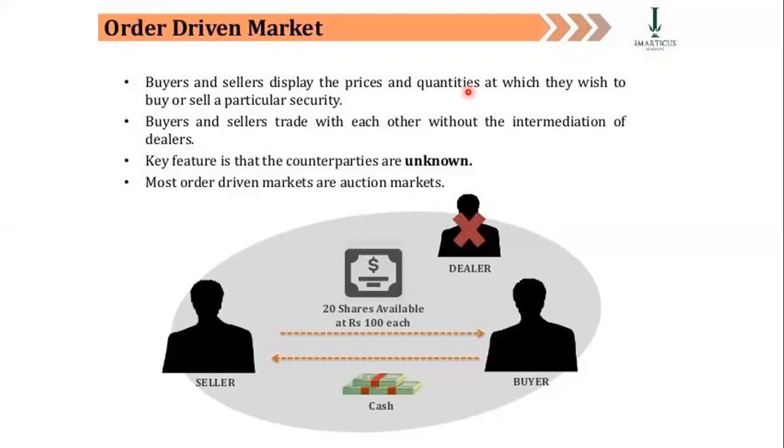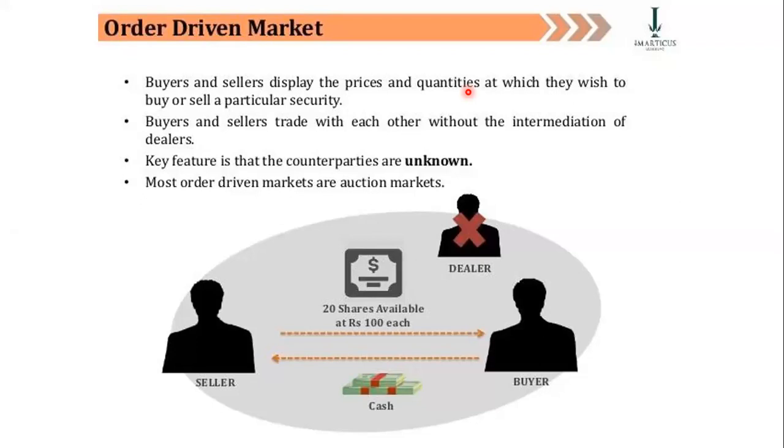Sellers can quote, I want 1,000 shares at the price of 50, or I want to sell 1,000 shares at the price of 25, like that. So they are displaying both price and quantities. At the same time, buyers also mention the quantities as well as price.